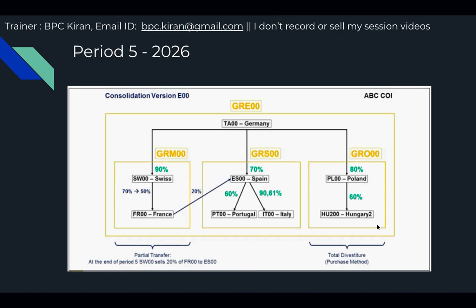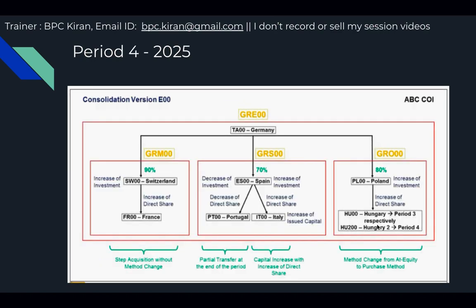Hey, Kiran. Yeah. So question: do they maintain this relationship, for example, if that company is in GR 0, that doesn't exist in GR 00, and I do a transaction between them, will the elimination happen in GR 0, or do I always see the eliminations in GRE 00? Both.